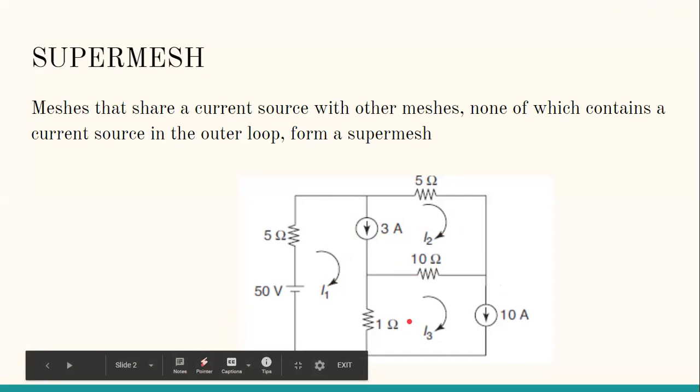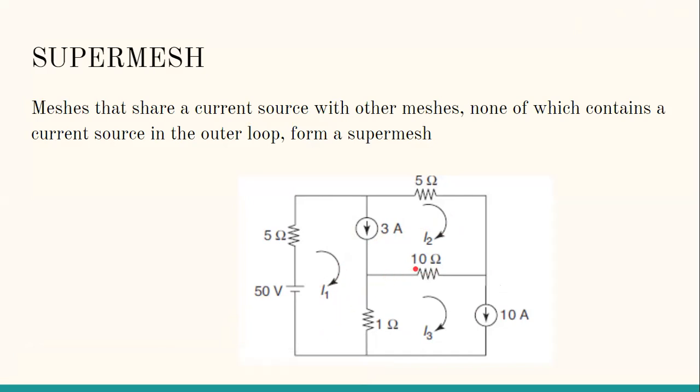Between loop number 1 and loop number 3, this is the common branch, and on this common branch we have a current source of value 3 ampere. So whenever meshes share a current source with other meshes, that is called a super mesh. So how to solve a problem based on the super mesh technique, that we will see.